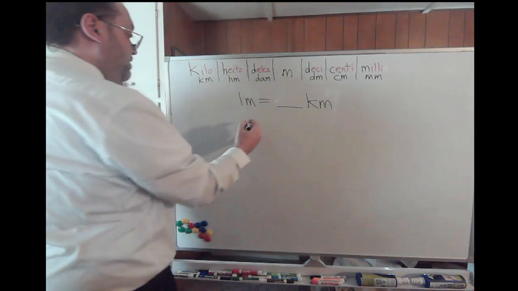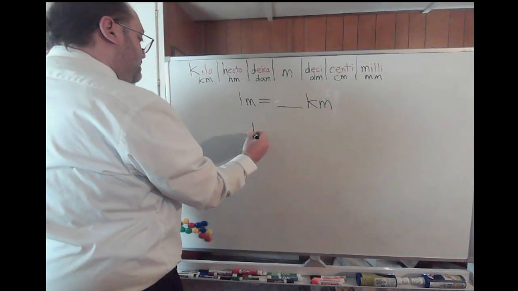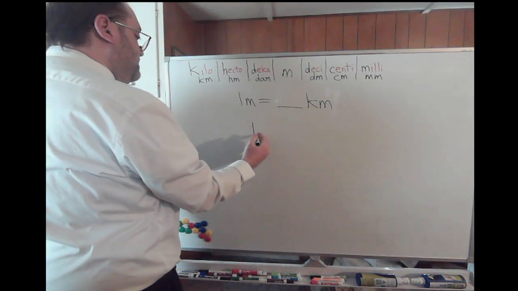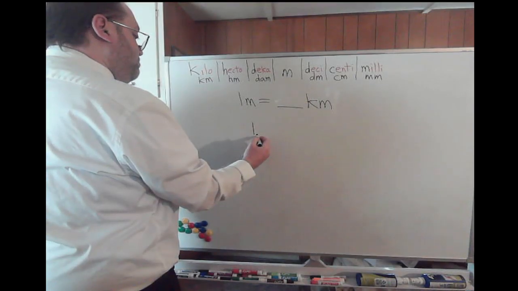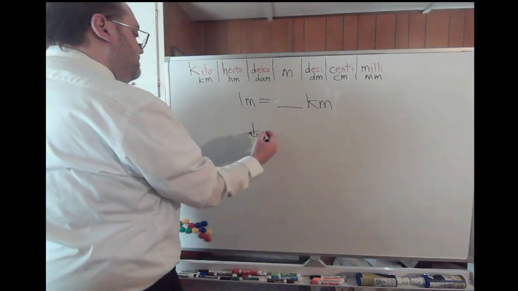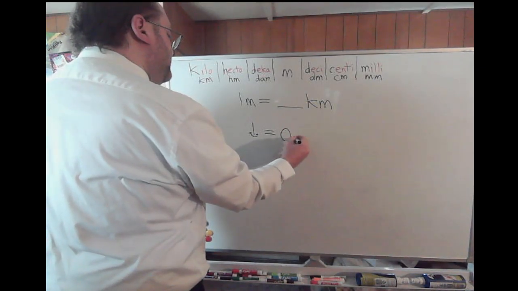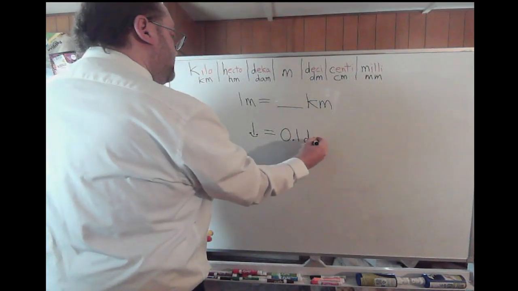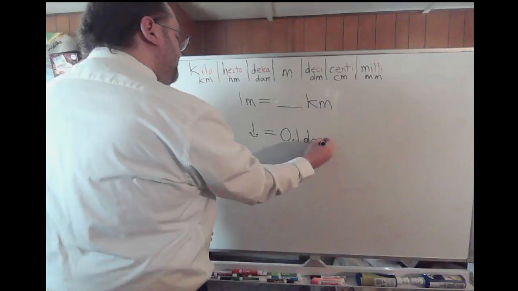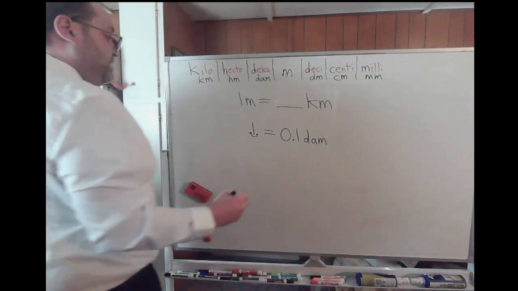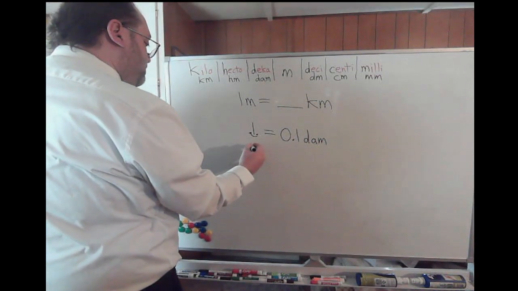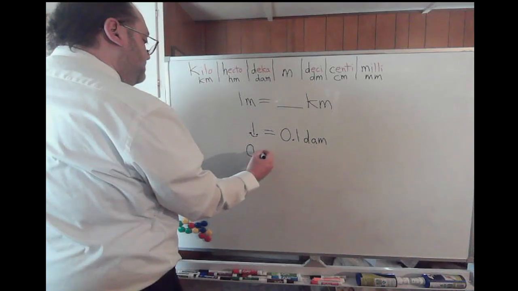So 1 meter, you take the 1 and go one place to the left, that's going to equal 0.1 decameters. Then take that 0.1 and move it another decimal place to the left.